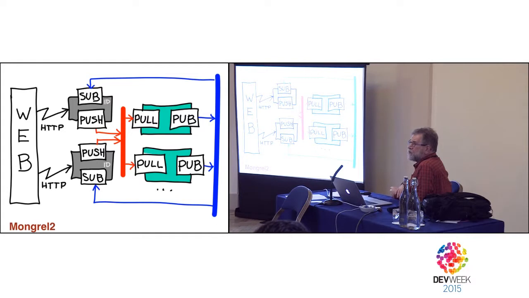So the way that you build a web application using Mongrel is not with things like servlets and all of the junk that you do with IIS. What you do is build a bunch of little ZeroMQ aware services. And you just connect them to the right buses, and away you go. Configuration for this thing is just trivial. It's a file that says, when something comes in at this URL, post it to this IP address and port.